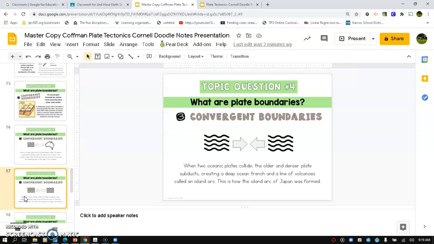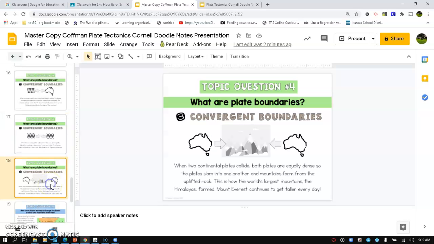The old subducts. I don't know if it wins or loses, but it's subducting. You've got to remember millions of years, 40 million, 50 million, and it creates those island arcs. And then we have the convergent of the continentals, and we form mountains. That's a little bit how the Rockies are made too, if you've ever been to Colorado.